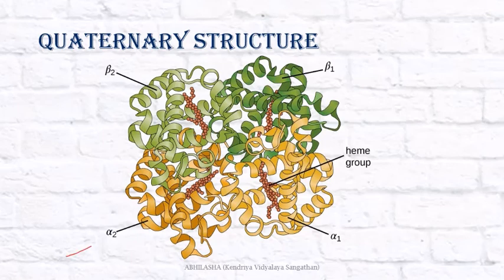There are 2 alpha and 2 beta subunits, 2 of each alike. And then there is the heme group. So these are the various subunits of the hemoglobin protein which are arranged in a specific manner to form hemoglobin. This arrangement of different subunits to form the complete protein is known as the quaternary structure.